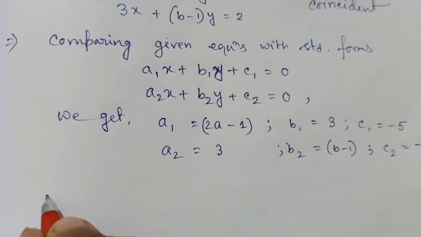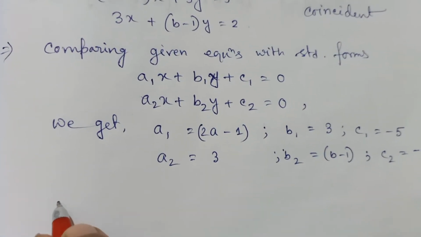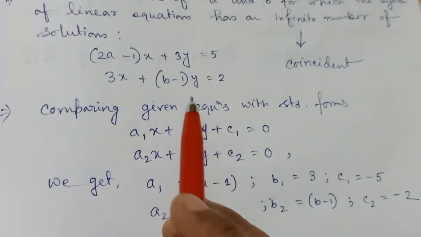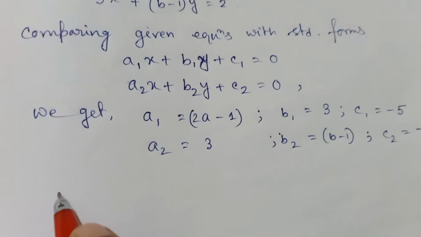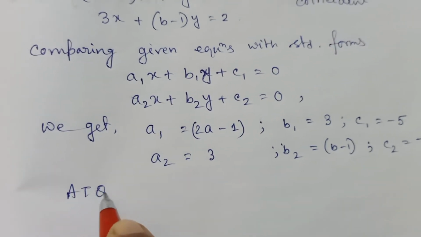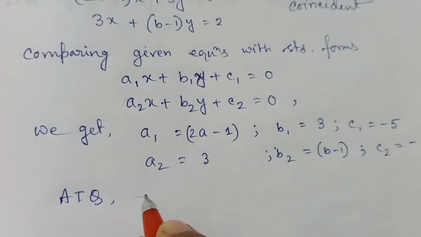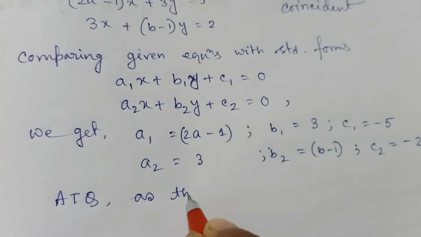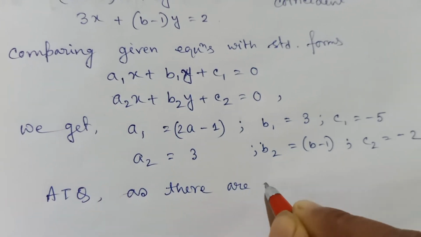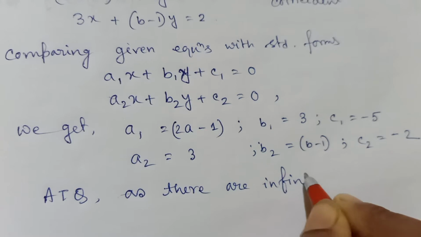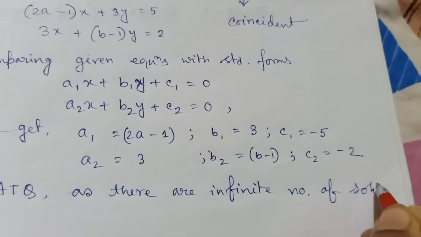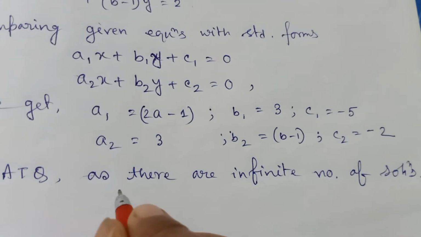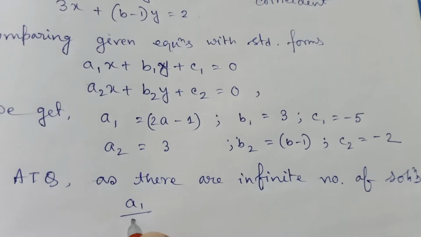So we can find 3 ratios, right? Now, according to the question, the equations have an infinite number of solutions. So we will be writing it according to the question: as there are infinite number of solutions, then what's its condition?